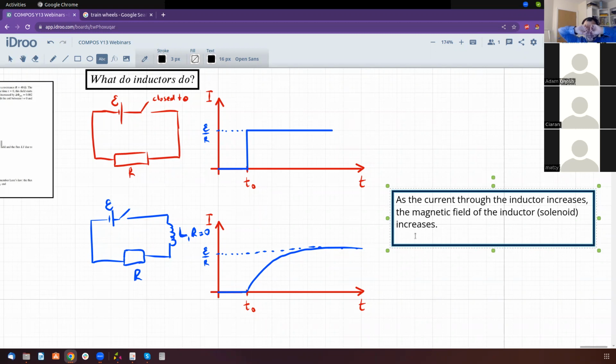If the magnetic field is increasing, the flux increases.